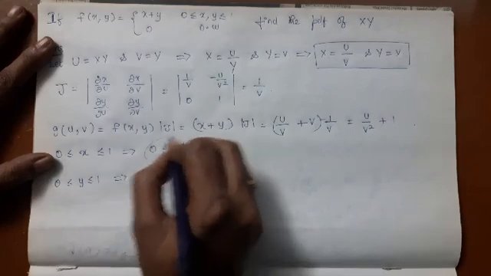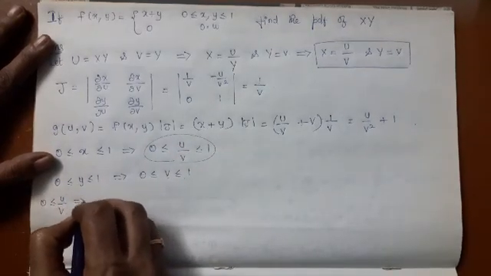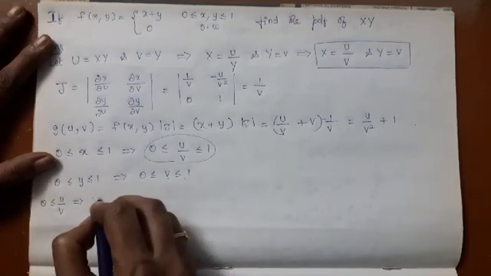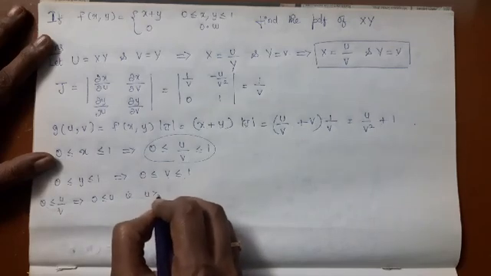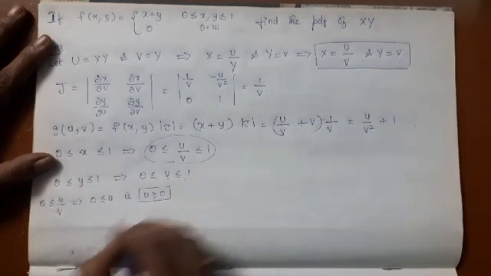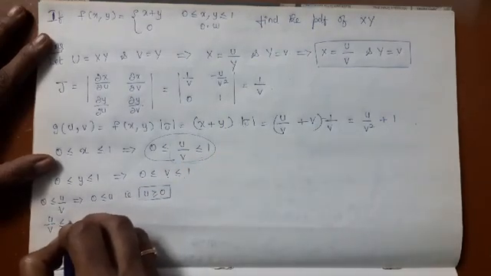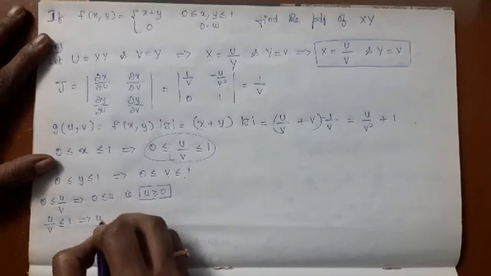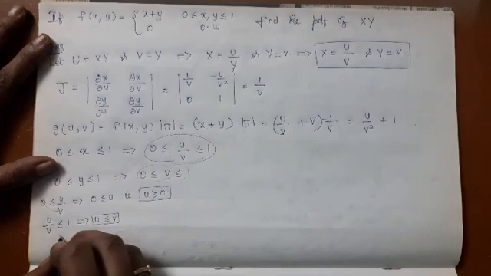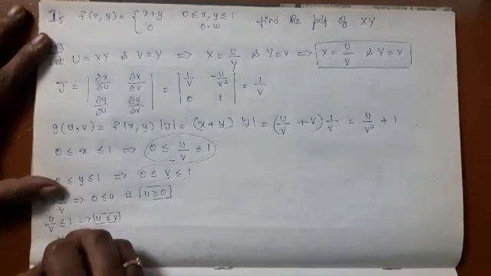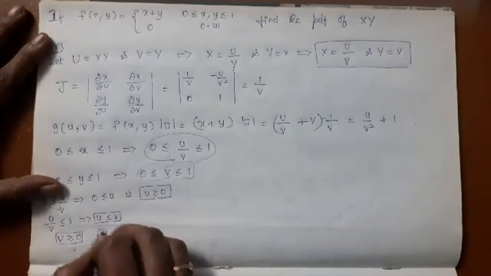From 0 less than or equal to u by v, when you cross multiply, u is greater than or equal to 0. This is the first implication. Considering the right hand side of the inequality, you get u is less than or equal to v. This is the next information. And here you have v is greater than or equal to 0, and this part says v is less than or equal to 1.